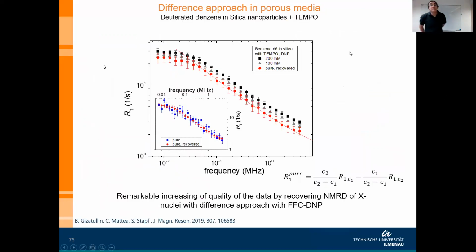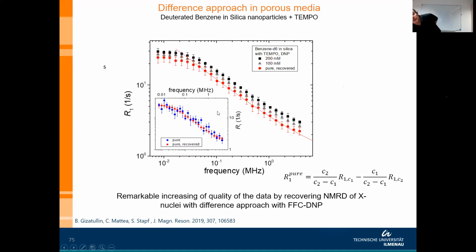Well, this is another system where we have deuterated benzene in silica particles, and you see the typical dispersion of liquids in porous media. When we measure the deuterium, we can see that we can actually perform 5 and dime. We measure at different concentrations, and then we can get this recovery curve.